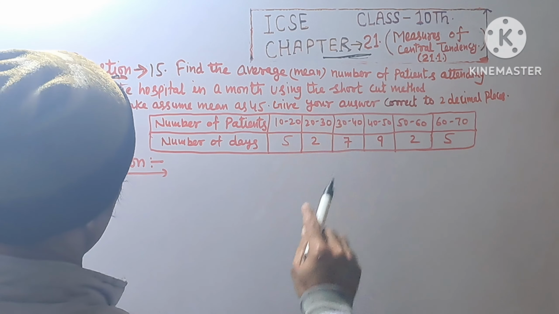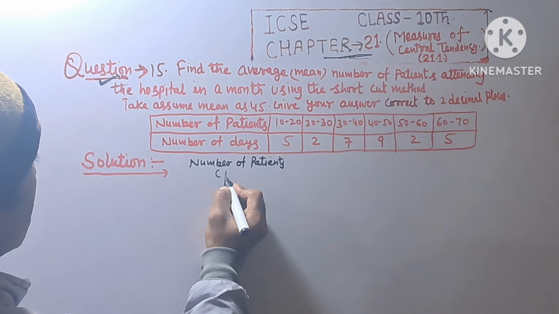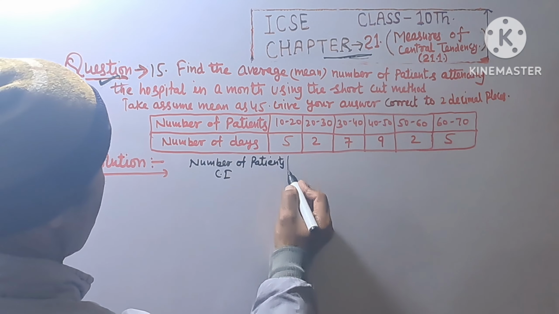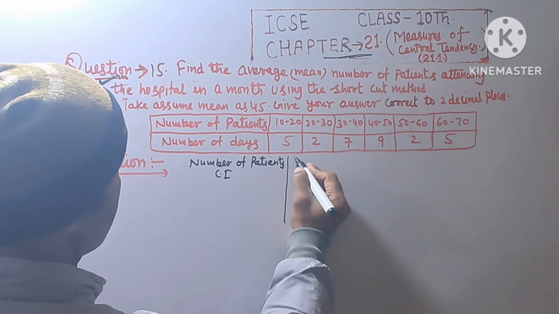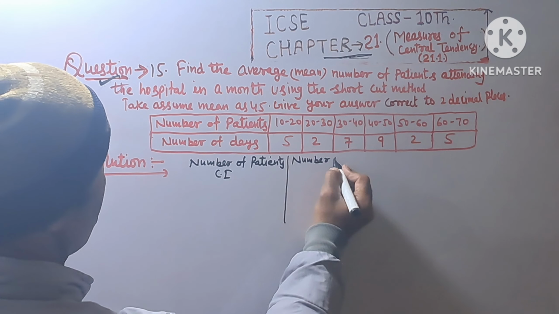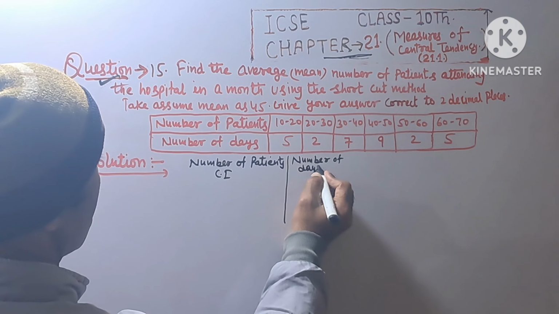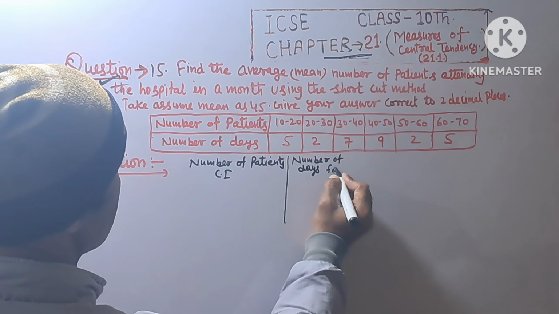Number of patients, that is the class interval, and number of days, that is the frequency fi.